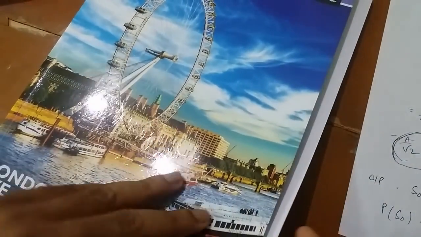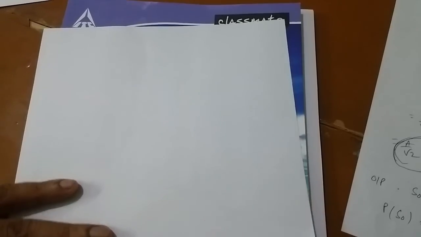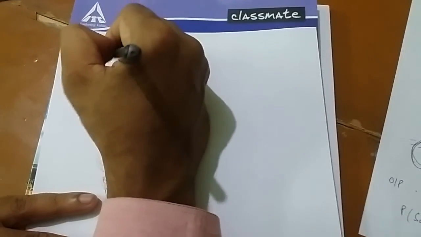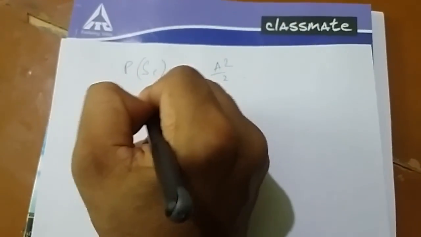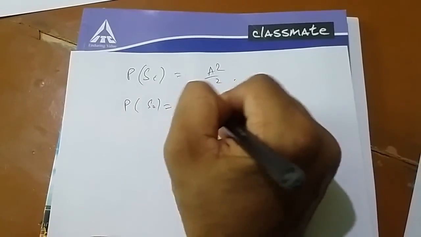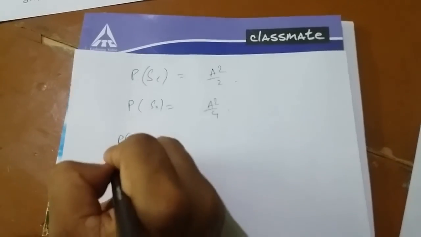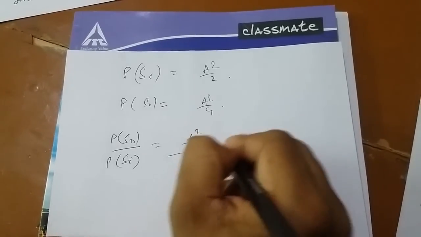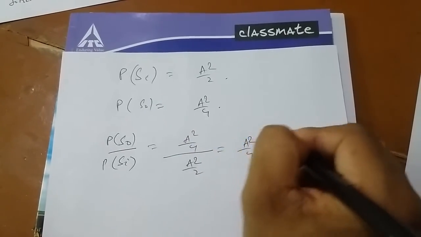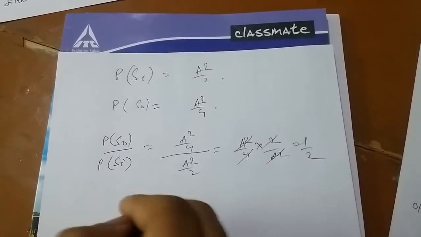Then we will calculate what is the input power. The input power we have calculated is a square by 2. Now the output power we have calculated is a square by 4. So S0 by Si equal to a square by 4 into 2 by a square, it is half.